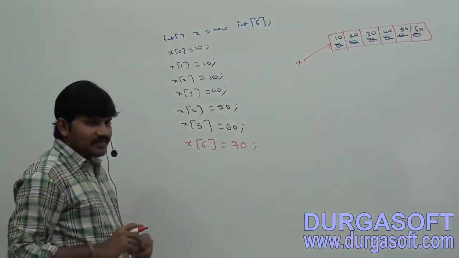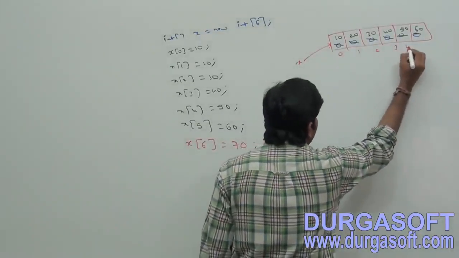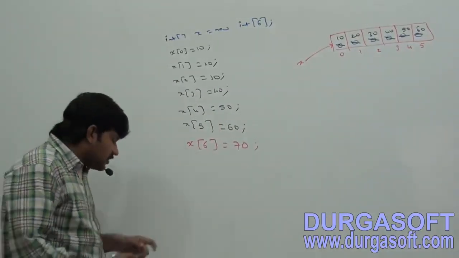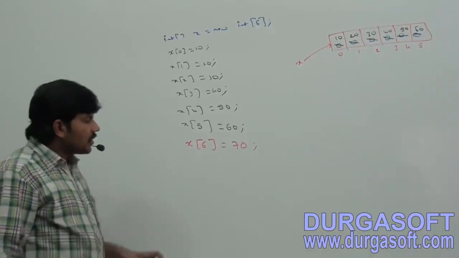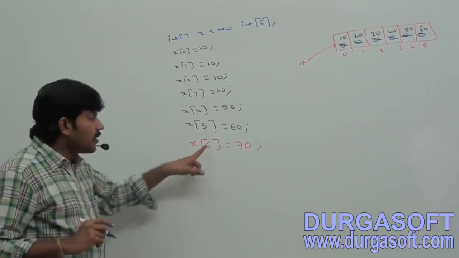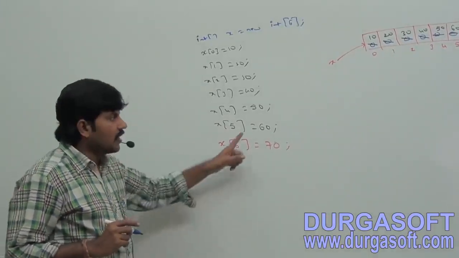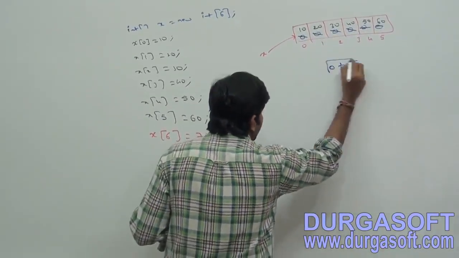Is it valid or invalid? Because 0 1 2 3 4 5 are the valid indexes. x of 6 is equal to 70. What will happen? Immediately we will get a runtime exception, array index out of bounds exception, because the valid range of index is 0 to 5 only.